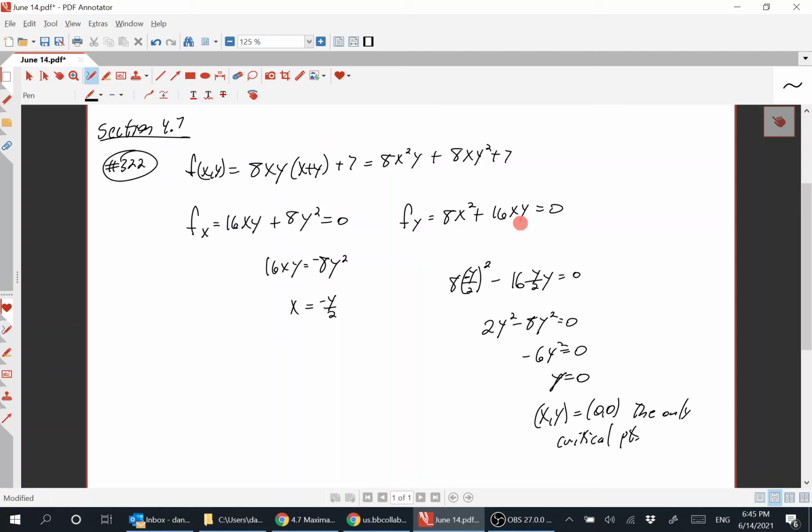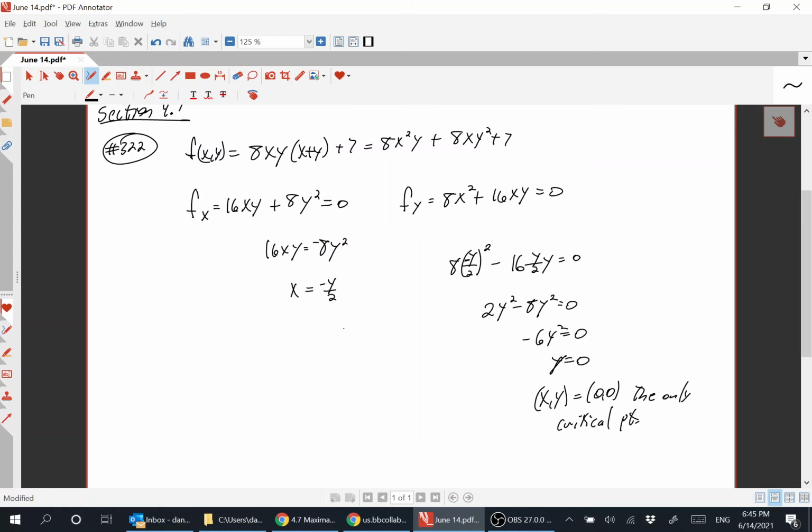Right, I mean, we could do this process in reverse over here, solving for y in terms of x, and then putting it over here, and it'll give us the same thing. So, going now to the second derivative test.